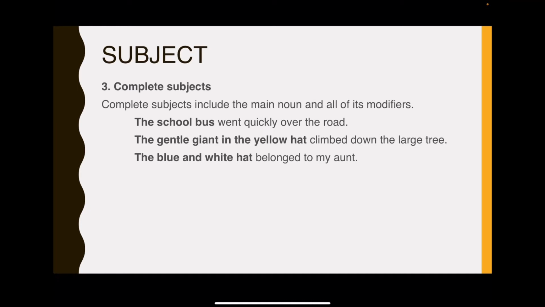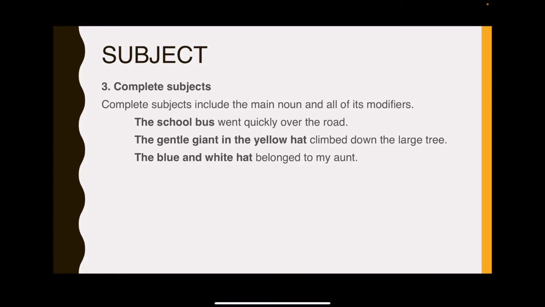Complete subjects include the main noun and all of its modifiers. So it means that once you have only one noun, but we have some kind of adjectives or prepositional phrase used to modify that noun, they are all included in this type of subject. For example, the school bus went quickly over the road.